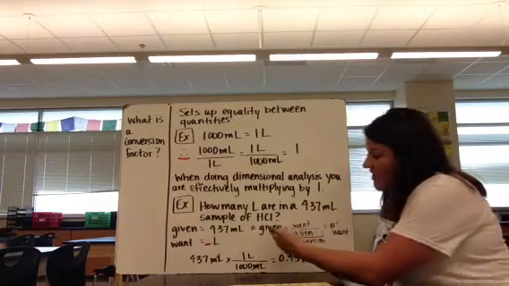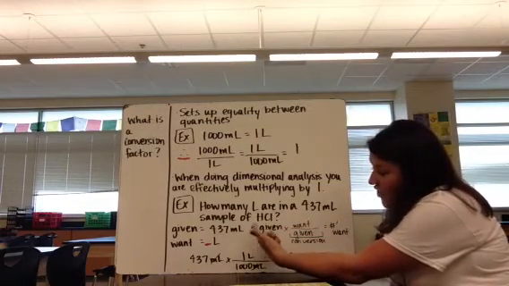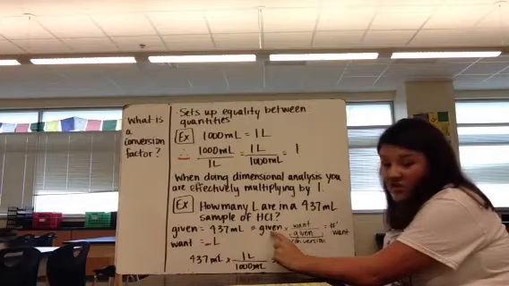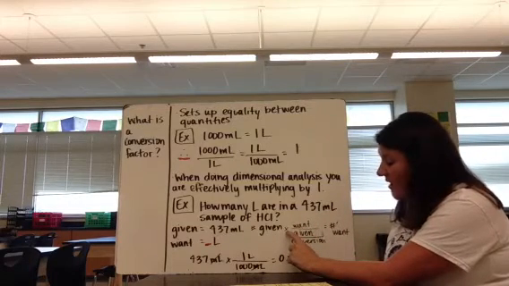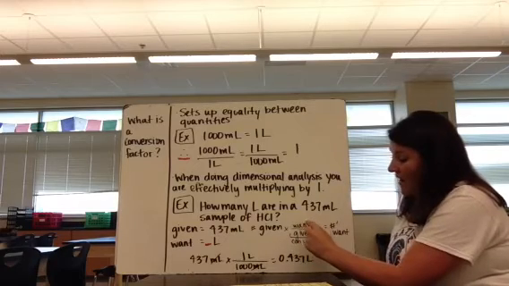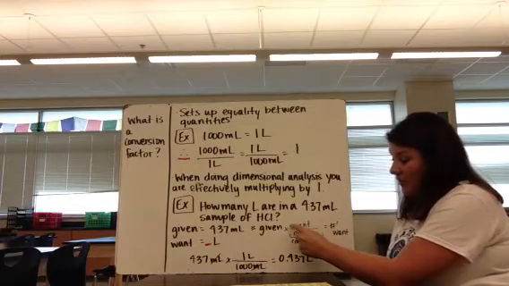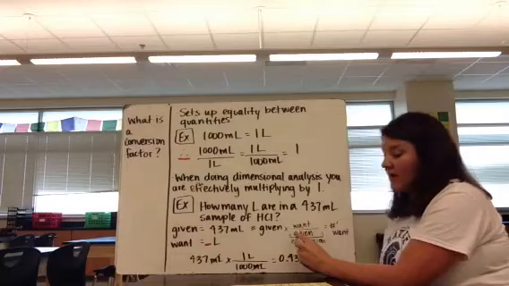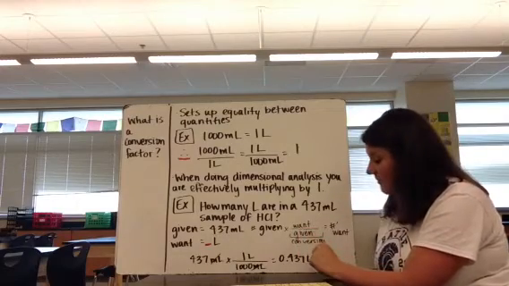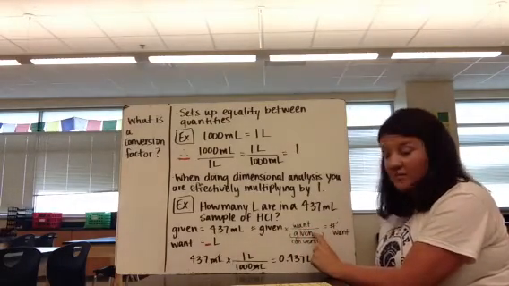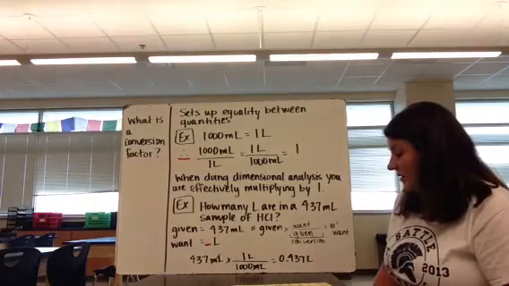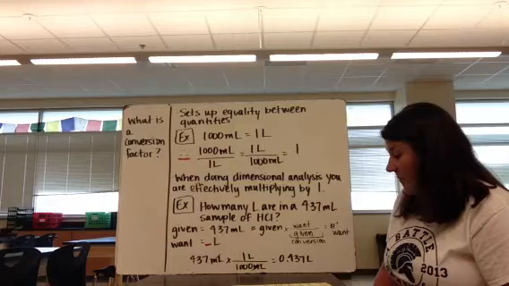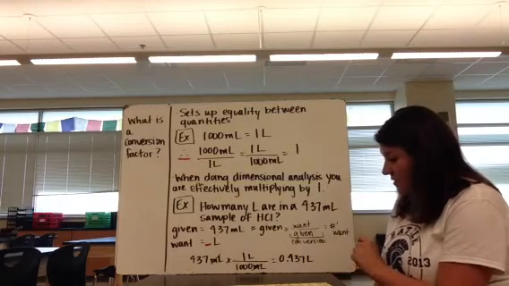Okay, so most calculations will come in the form of you write down your number and the given unit. You're then going to multiply by the wanted unit, which should be on top. Now you're going to put the number that goes with the wanted unit from your conversion factor. Then the given unit should be on the bottom, and the number with that given unit should also go on the bottom, again from the conversion.